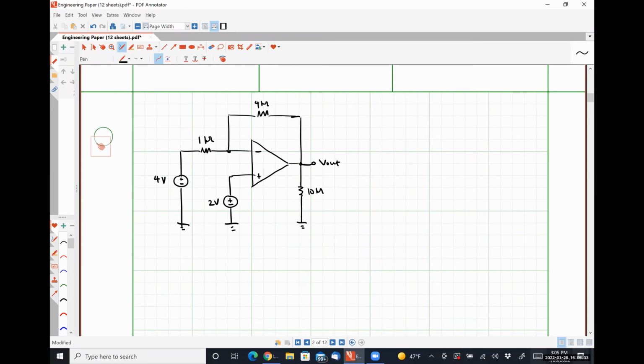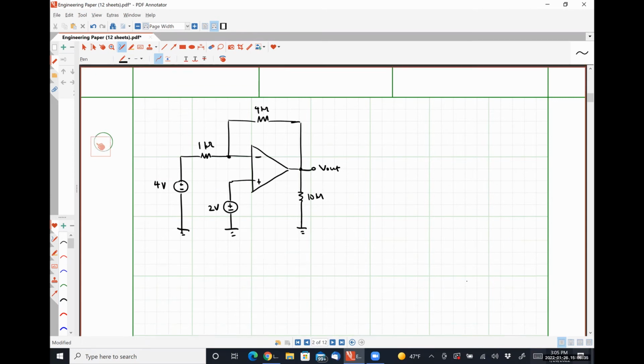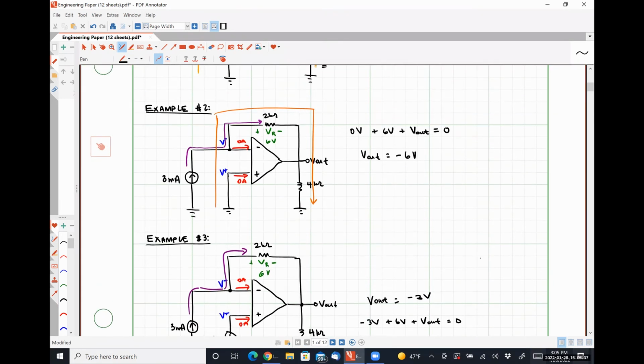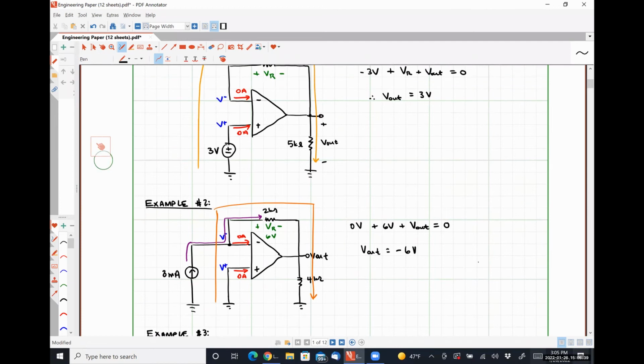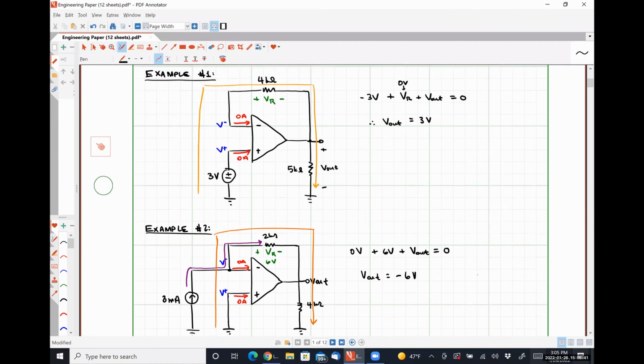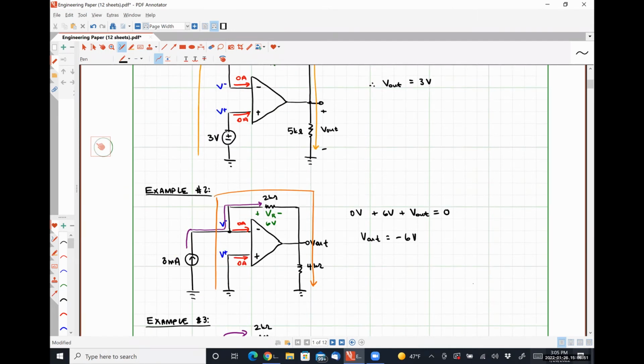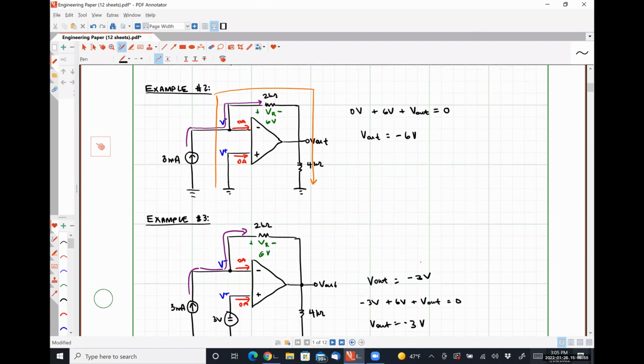All right. So let's take a stab at analyzing this circuit. Actually, before we do that, have we noticed anything interesting about these 3 examples? Has our output or load resistor, the 5 kilo ohm resistor in the first example, the 4 kilo ohm resistor in the second and third example, even been used in any of our equations? Not at all.